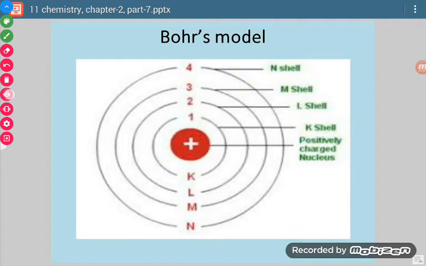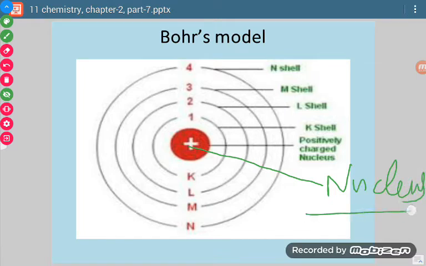You have seen this in 9th standard also. This is Bohr's model of an atom. At the center is the nucleus, which is positively charged. These are energy levels 1, 2, 3, 4 or K, L, M, N. They are called stationary states, orbits or energy levels.